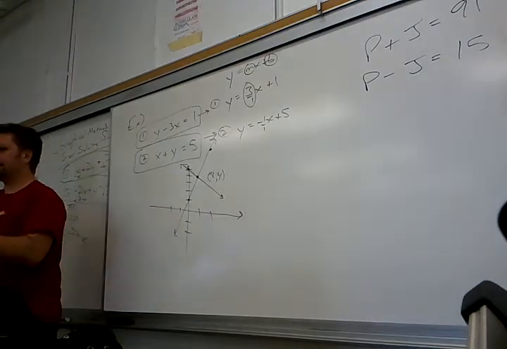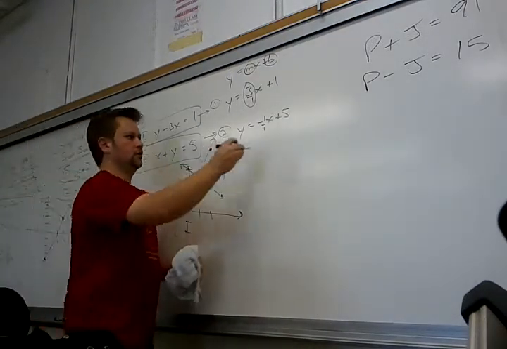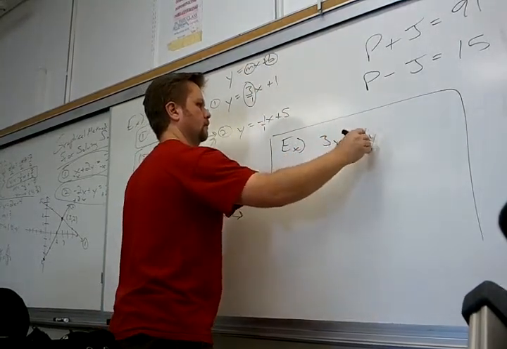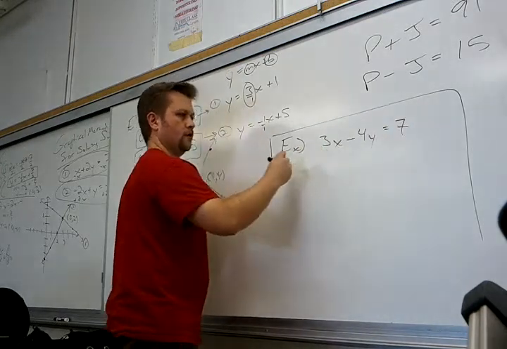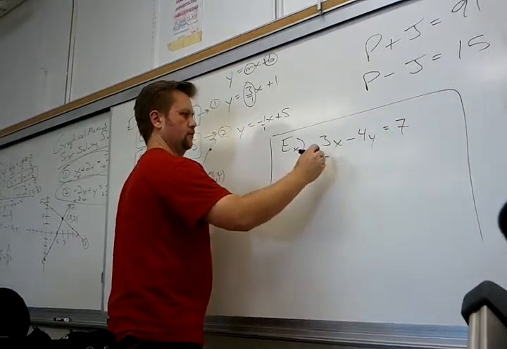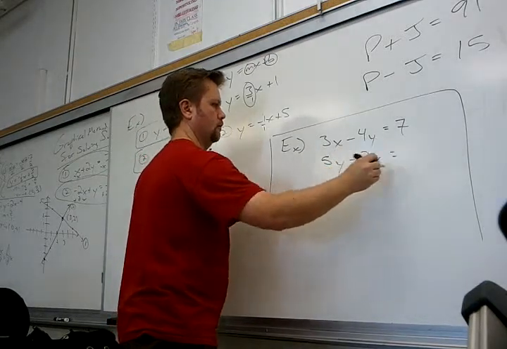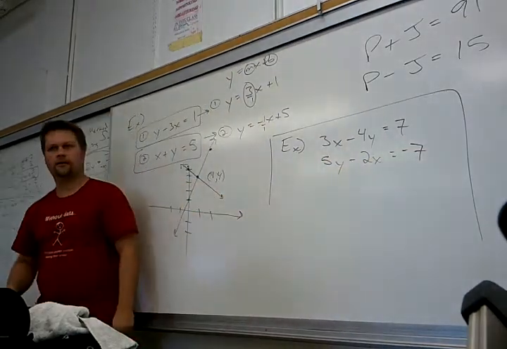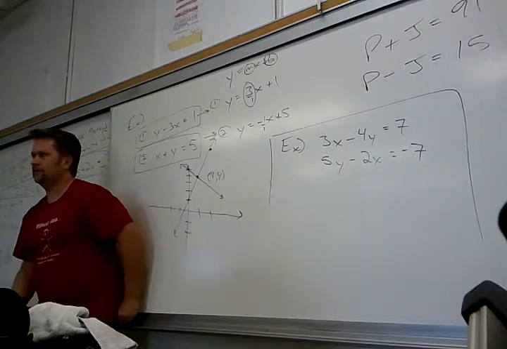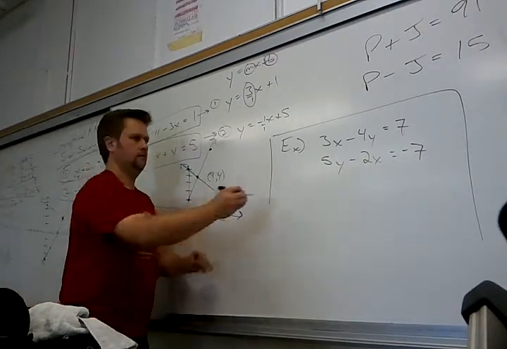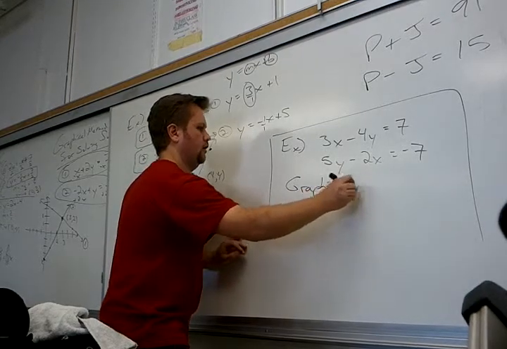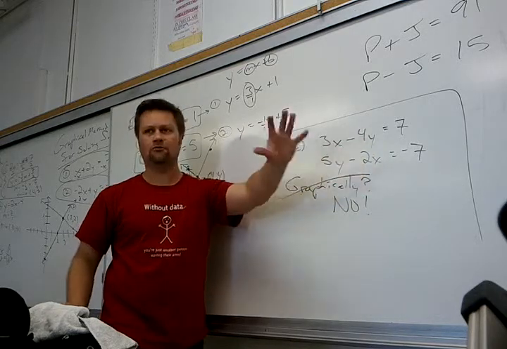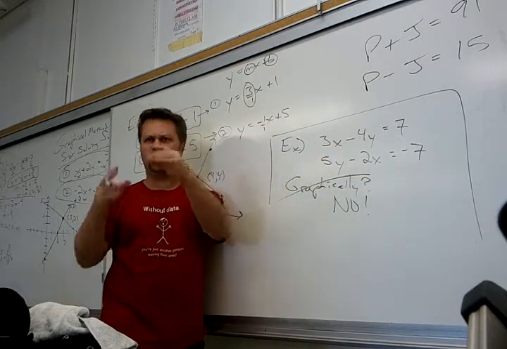So that's the graphical method. And you can see, like I said, if you had equations like this, would you want to do this one graphically? No. Because you can see really quickly you're going to get these ugly slopes and really ugly y-intercepts, and I'd have to be really precise.